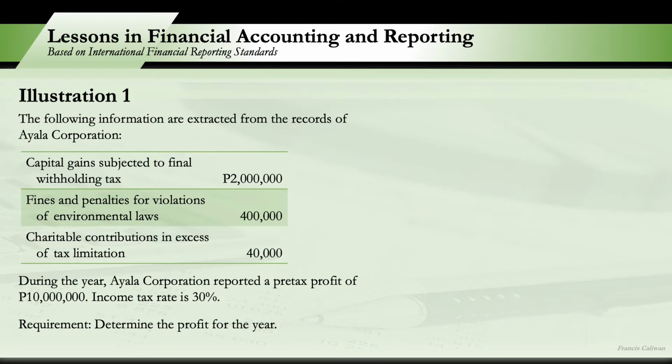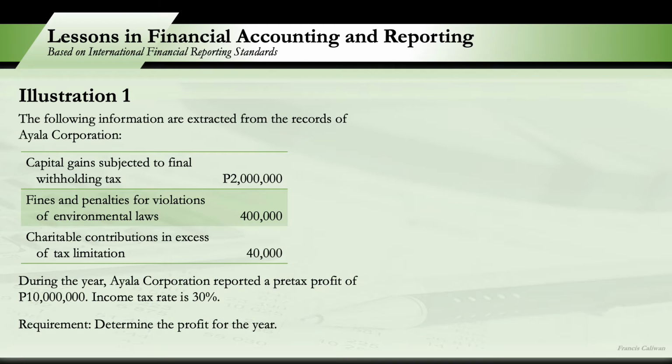As the title of the item suggests, the income is already subjected to final withholding tax, so it is classified as non-taxable revenue. Next, fines and penalties for violations of environmental laws. These will not be allowed by the NIRC to be deducted from our taxable income. So this is a permanent difference as well, classified as non-deductible expense.